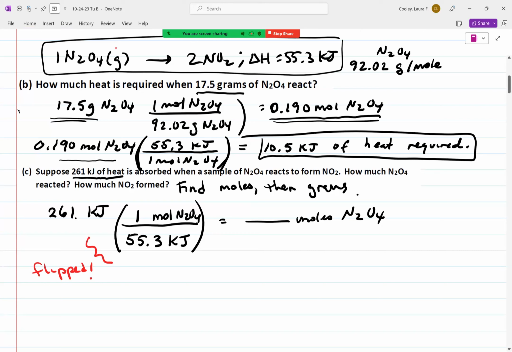Before I used 55.3 kilojoules per 1 mole of N2O4 with the 55 on top. Now the 55 is on the bottom, but it's the same conversion factor, the same equivalence ratio: 55.3 kilojoules goes with 1 mole of N2O4. So now I'm dividing by the 55.3, and it ends up as 9.43 moles of N2O4.